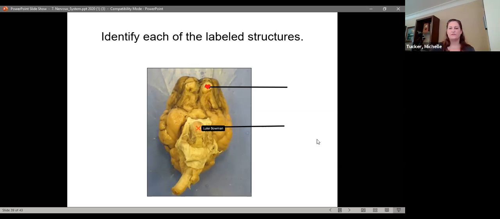So that's going to give you a clue as to what you're looking for. If you see that this dura mater is still on the model, then that pituitary is embedded in it. In order to look at all those underlying structures, you would have to remove the dura mater and the pituitary gland. That's why you don't see it very often.